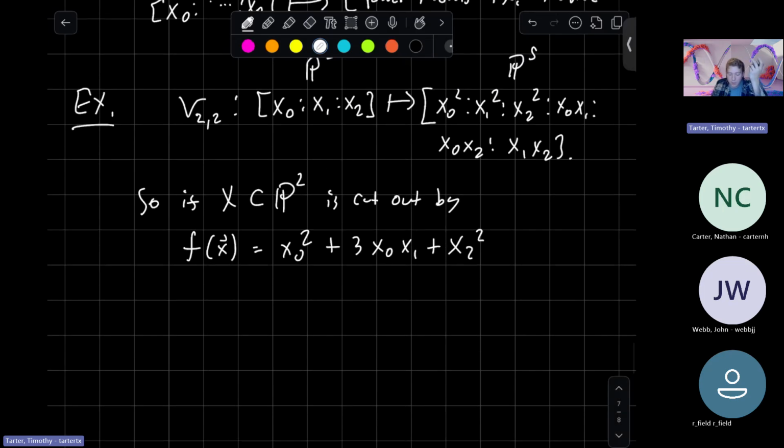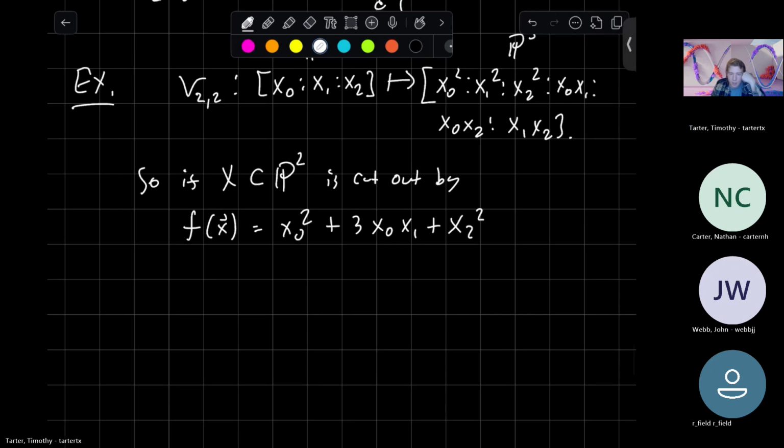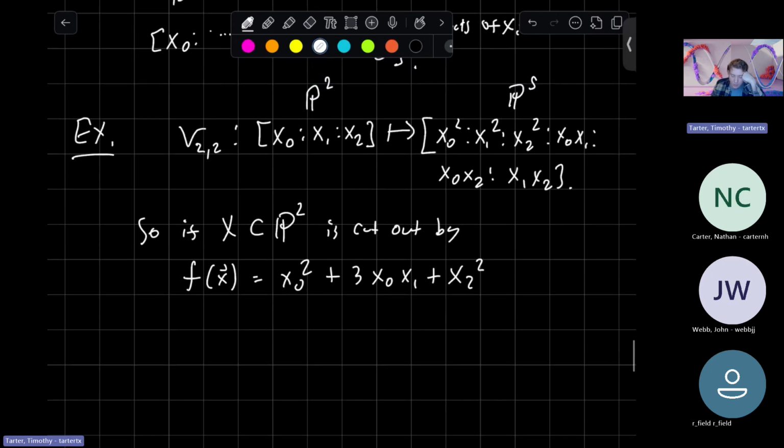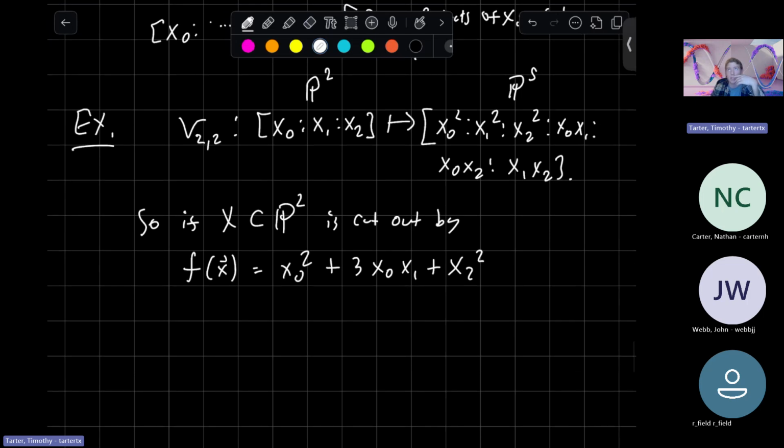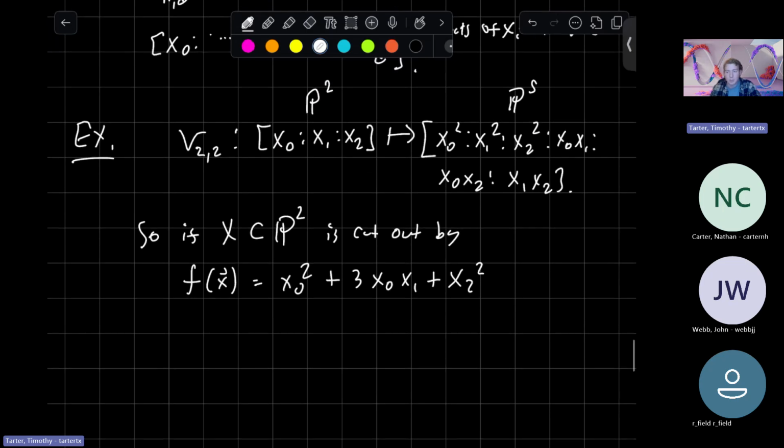This is just a really nice tool. In fact, if you're trying to come up with nice intersections of things, you can often come up with transversal intersections in the target of the Veronese map, and then pull them back through the Veronese map to some lower dimensional space, like the projective plane, for example. So this is a really useful tool from an algebraic geometric perspective.